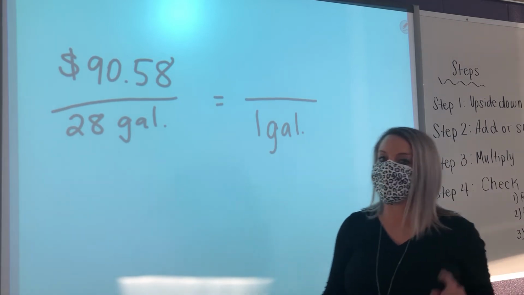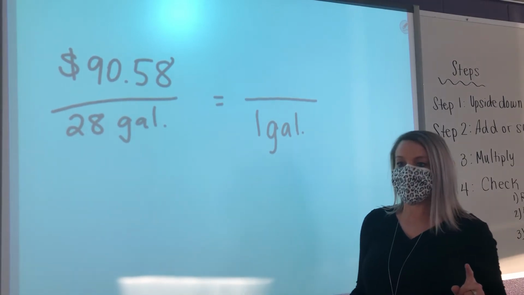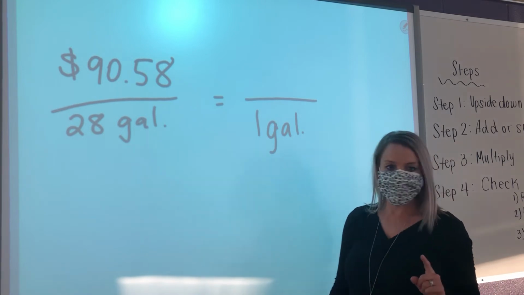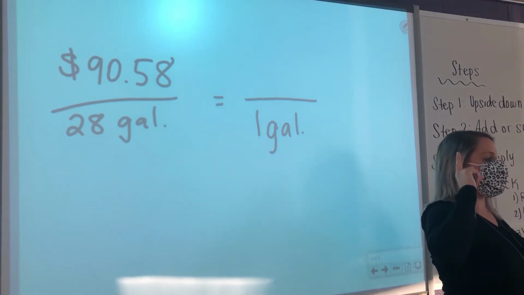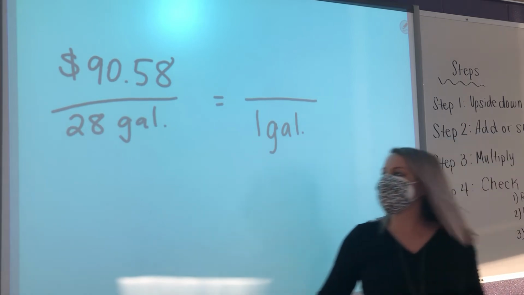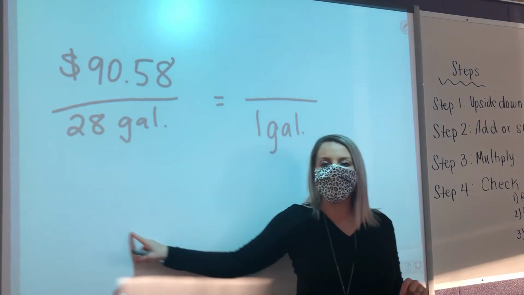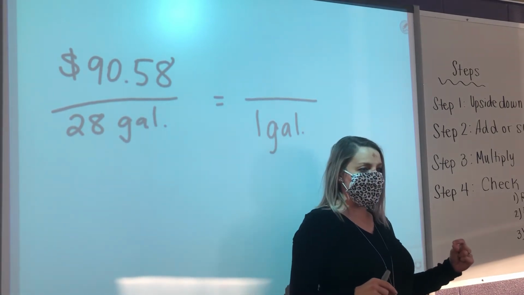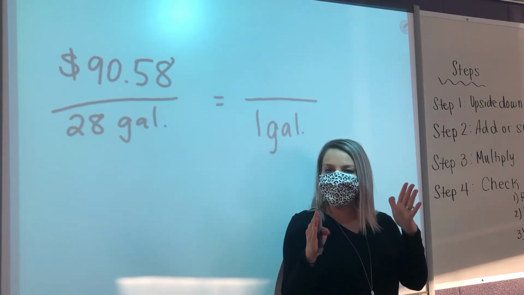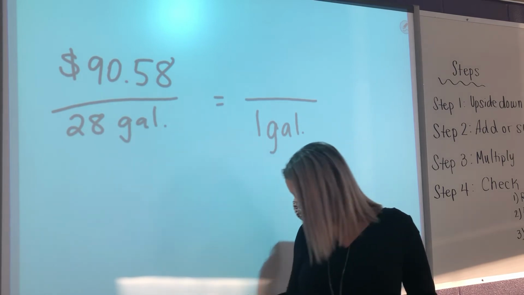Not 28 divided by 1. $90.58 by 28. Listen to what I'm saying. How do I get from 28 to 1? 28 divided by 28. A number divided by itself is always 1.